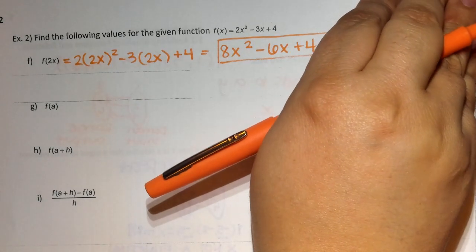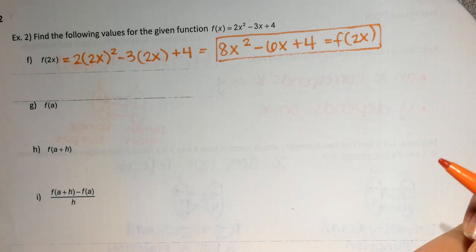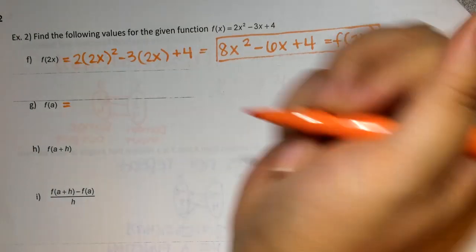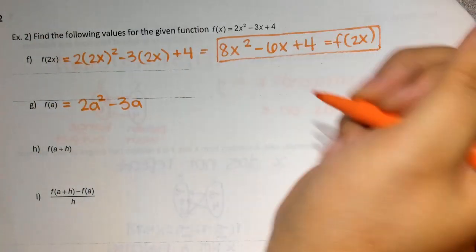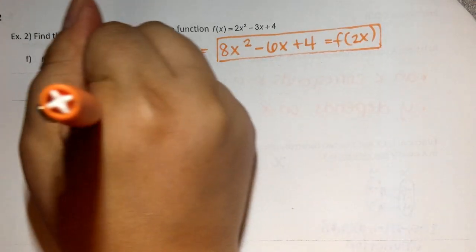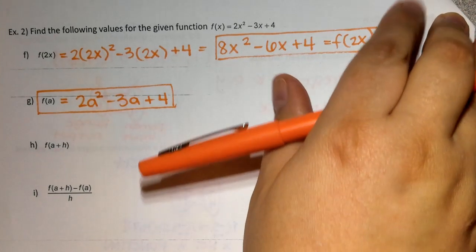Y'all, what's f of a? It's literally the same thing, but instead of x's, it's a. All right, f of a plus h, you're going to have to FOIL.